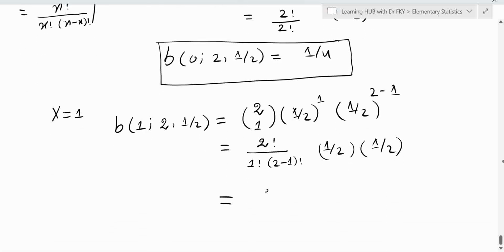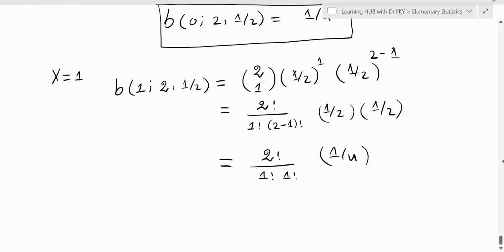Now 2 factorial divided by 1 factorial and 1 factorial. This is 1 divided by 4. So 2 factorial you can expand like 2 multiplied by 1, 1 multiplied by 1, 1 divided by 4.